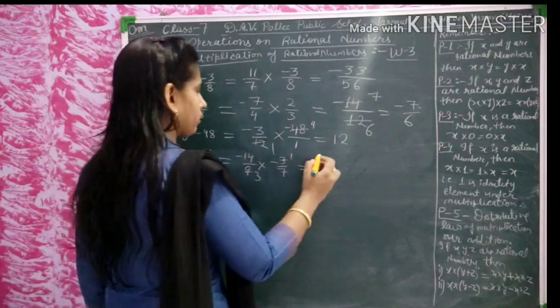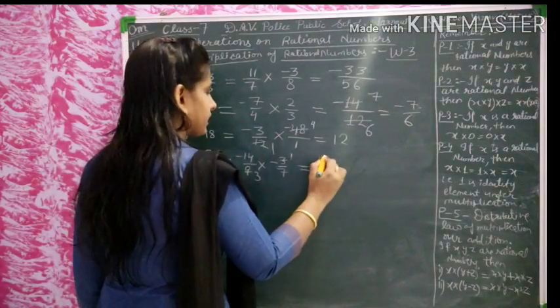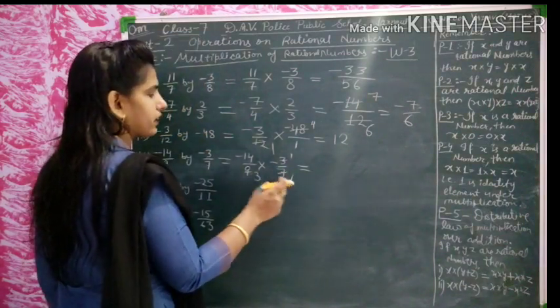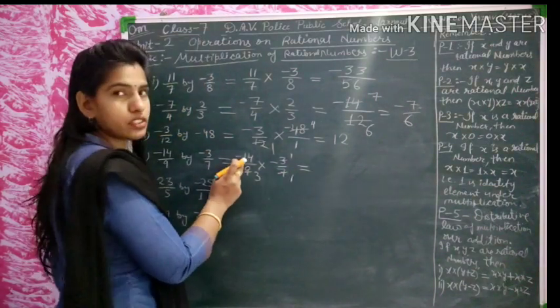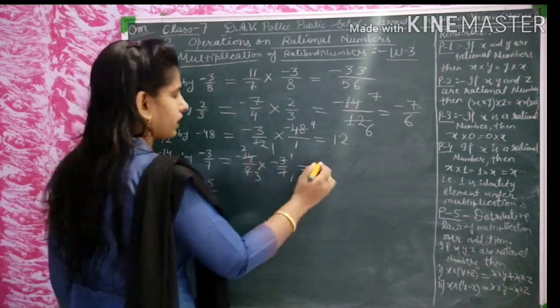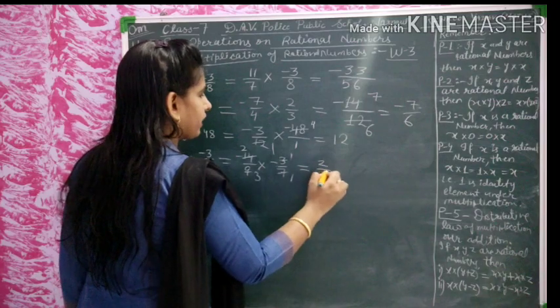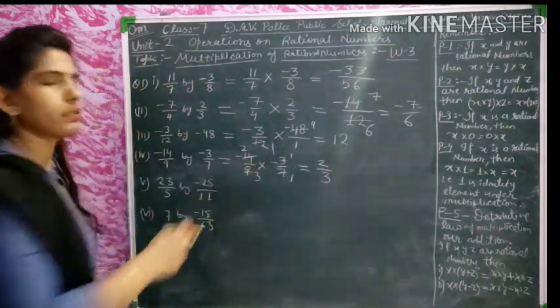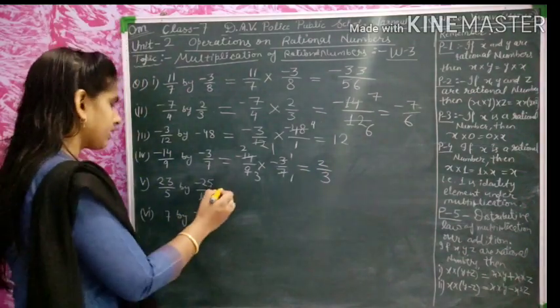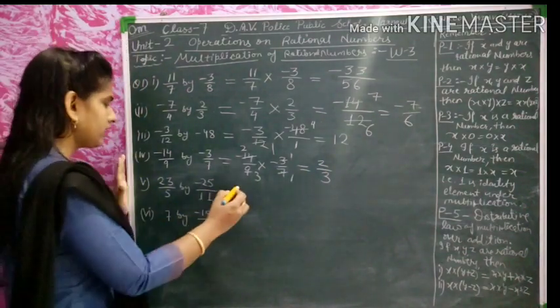These are dividing both the numbers, minus minus plus, that is 14, and this is also divided by 7, this is also divided by 7. 7 1s are 7, 7 2s are 14, and it will become 2 by 3, and it is positive because minus into minus is positive. This will become the answer here. Now we will go to the next question.